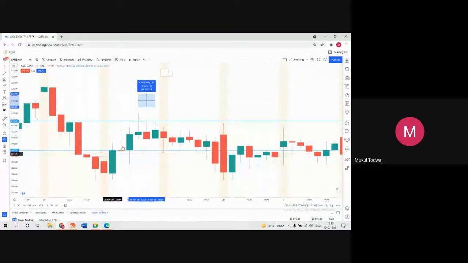So you can go along with this stock for say 3 to 4 trading sessions or 3 to 4 hours, because since it is a 1 hour chart, 3 to 4 trading sessions means 3 to 4 hours, and you can see the returns.